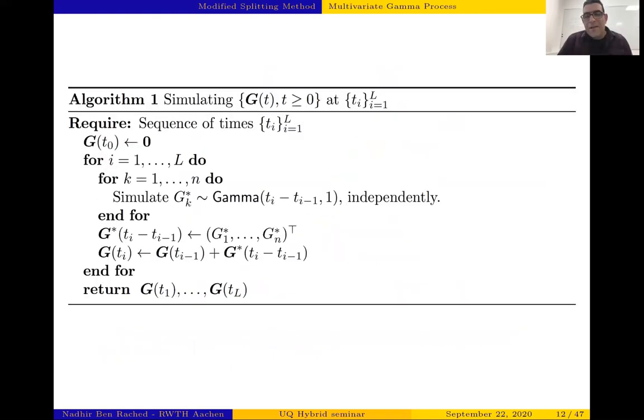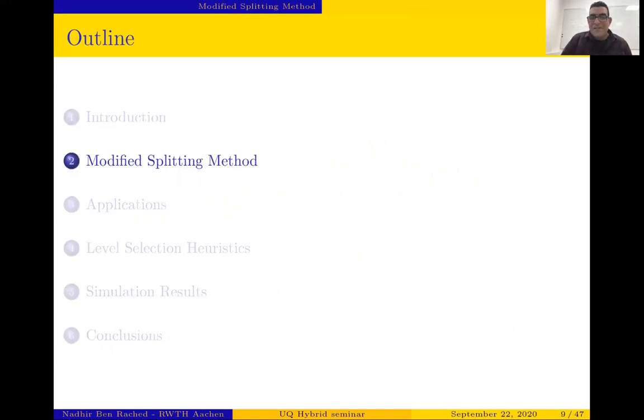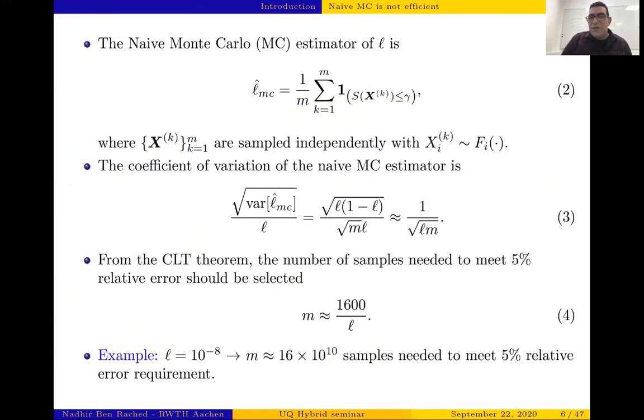Yeah, here the motivation is just to motivate the use of variance reduction techniques. You will see later that I will not compare with the naive Monte Carlo. I will compare with other estimators that are much better than the naive Monte Carlo.